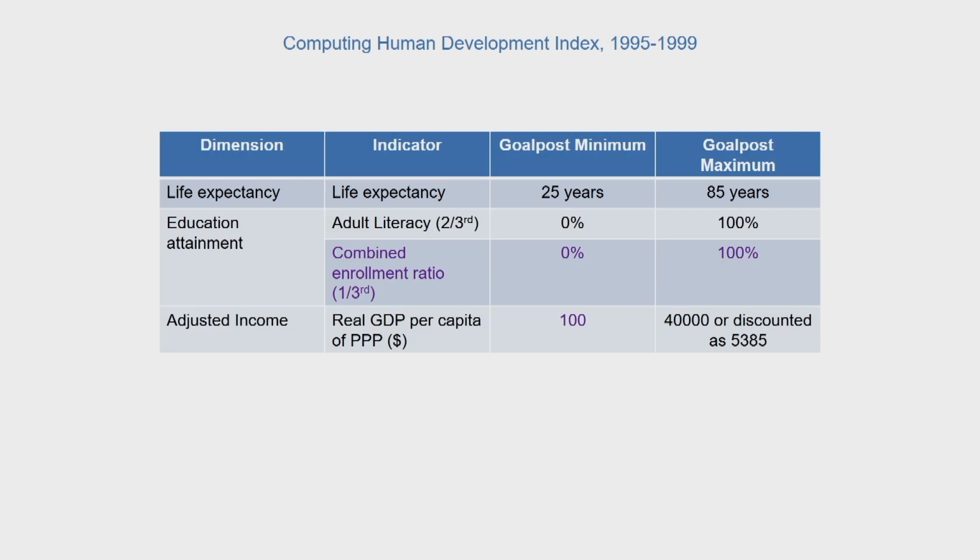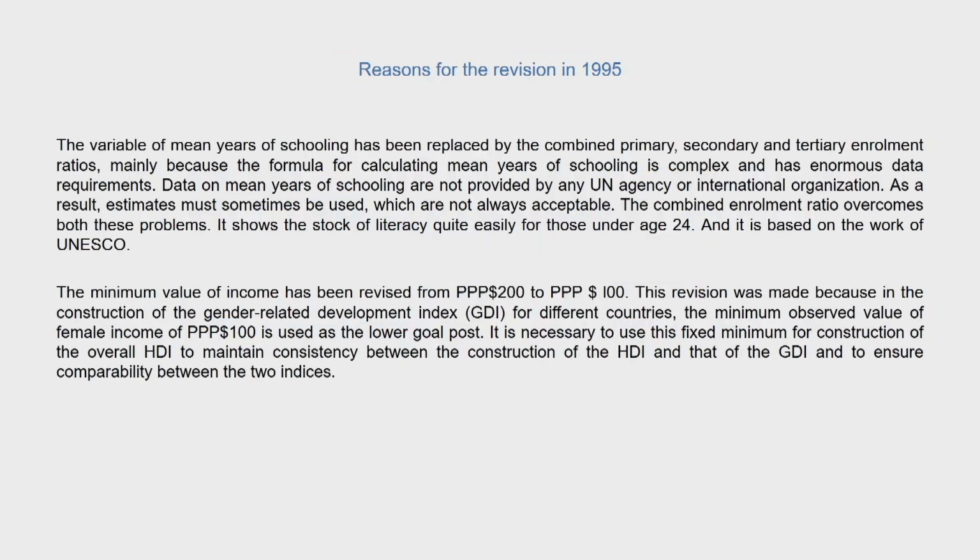So, these are the list of dimensions and indicators. The goalposts remained the same. There was no change in the goalposts, and the goalposts remained the same from 1995 to 1999. The only change here is the combined enrollment ratio, and the goalpost was 0% and 100% here.